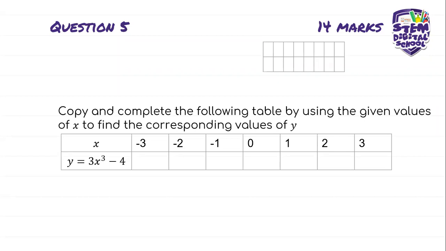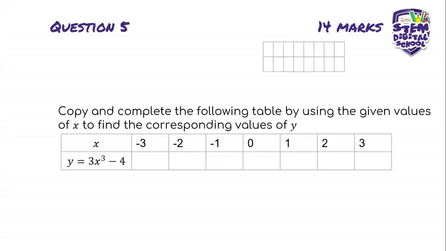So if x is negative 2, then y will be equal to negative 28. So you can see on the screen, I've put negative 28. I know that some of you spoke about this question, the last one where you had 14 marks.